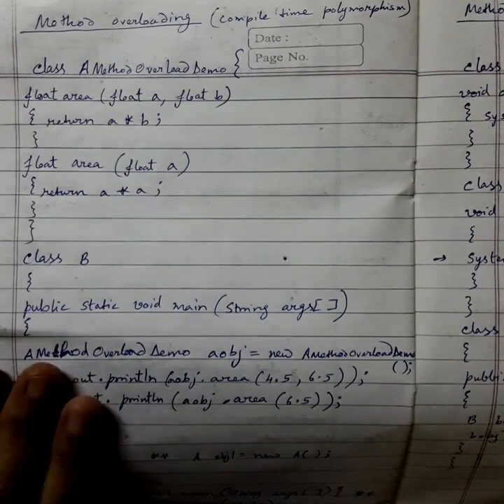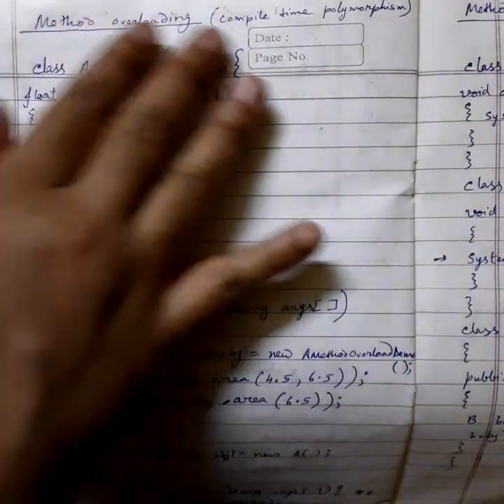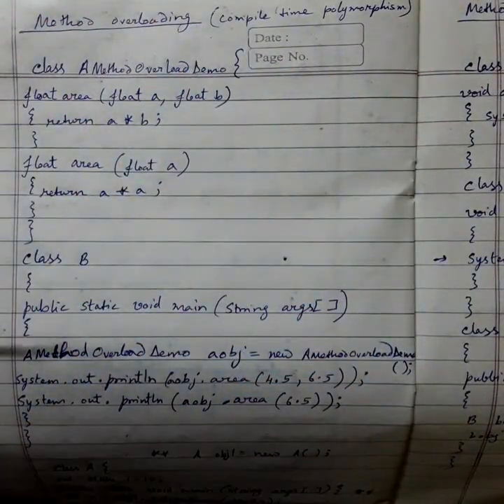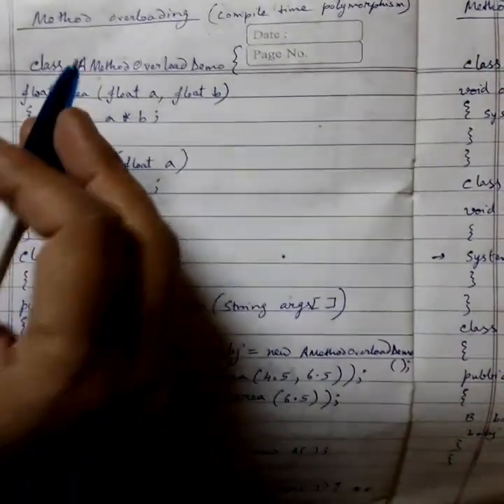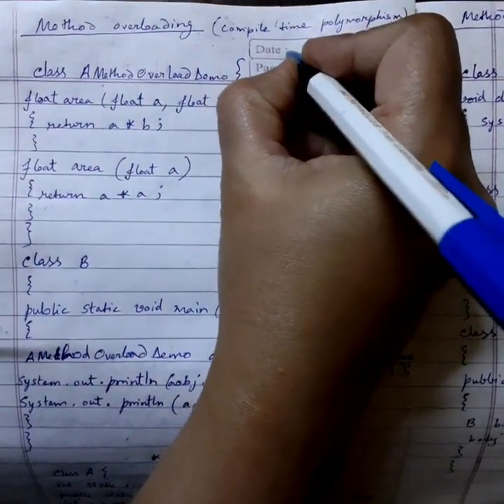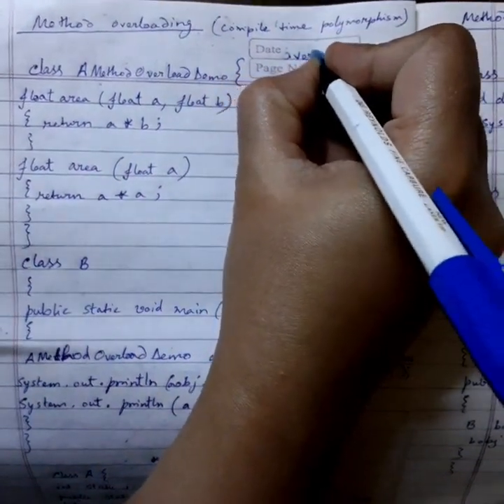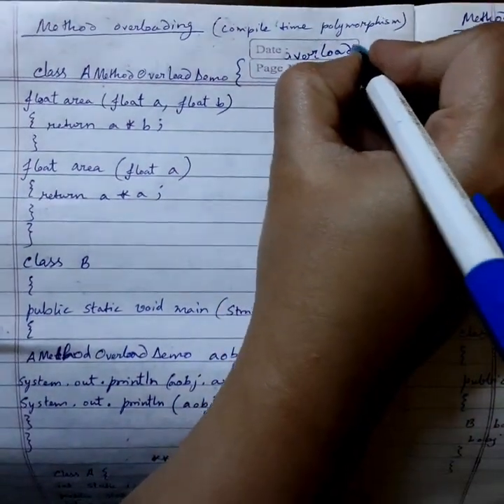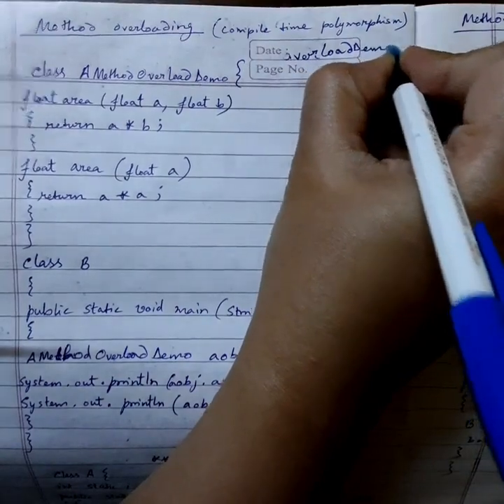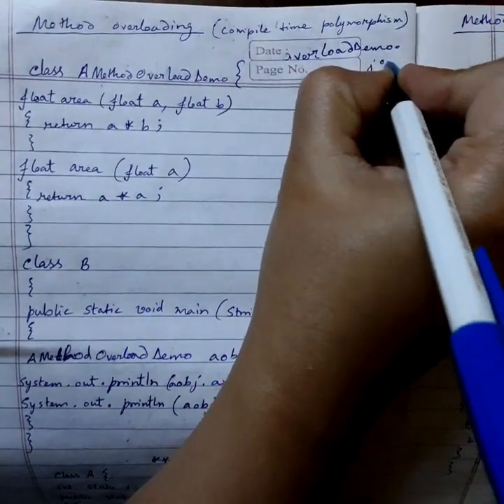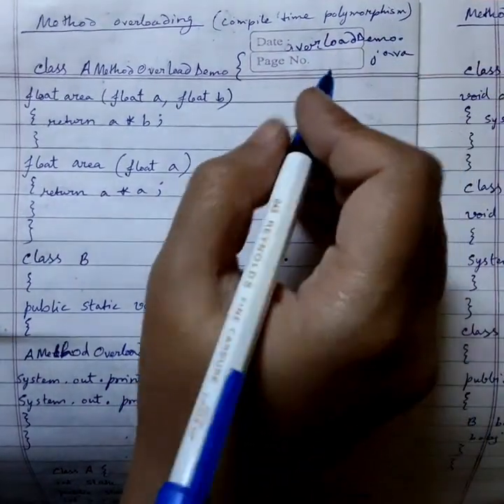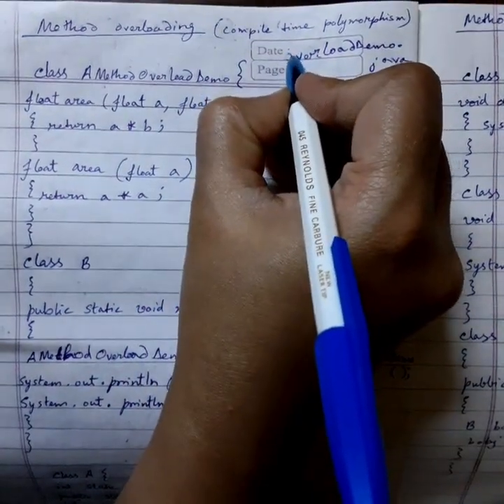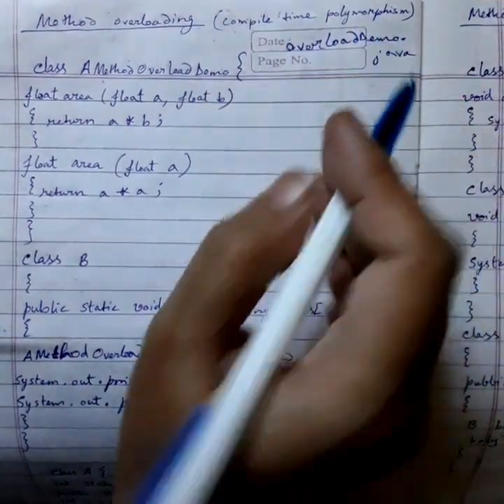I have got a Java file here, say OverloadDemo.java. This is the name of the file with which we save in the bin folder.